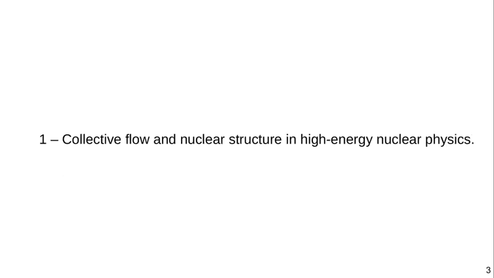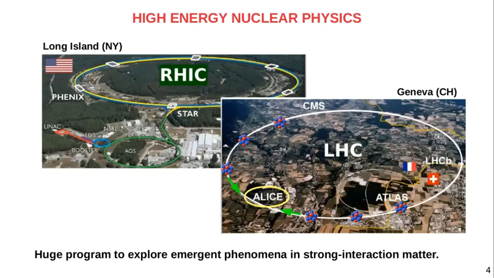So I'll quickly remind you that high energy nuclear physics is a very big experimental effort of colliding nuclei at the highest possible energies. This is done at RHIC and the LHC, the largest accelerators in the world. The idea is really to explore emergent phenomena in strong interaction matter, which are accessible in the regime these accelerators can explore.